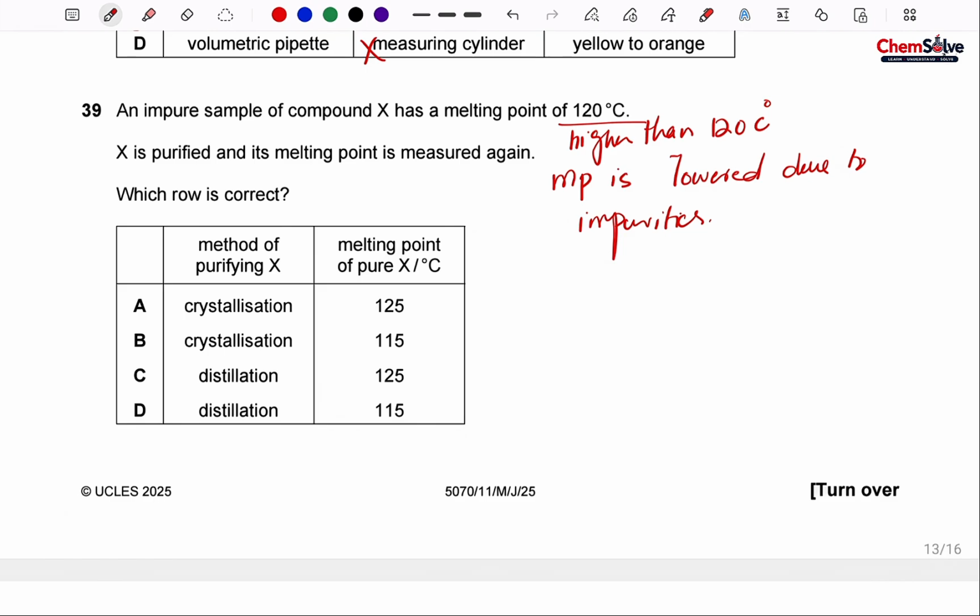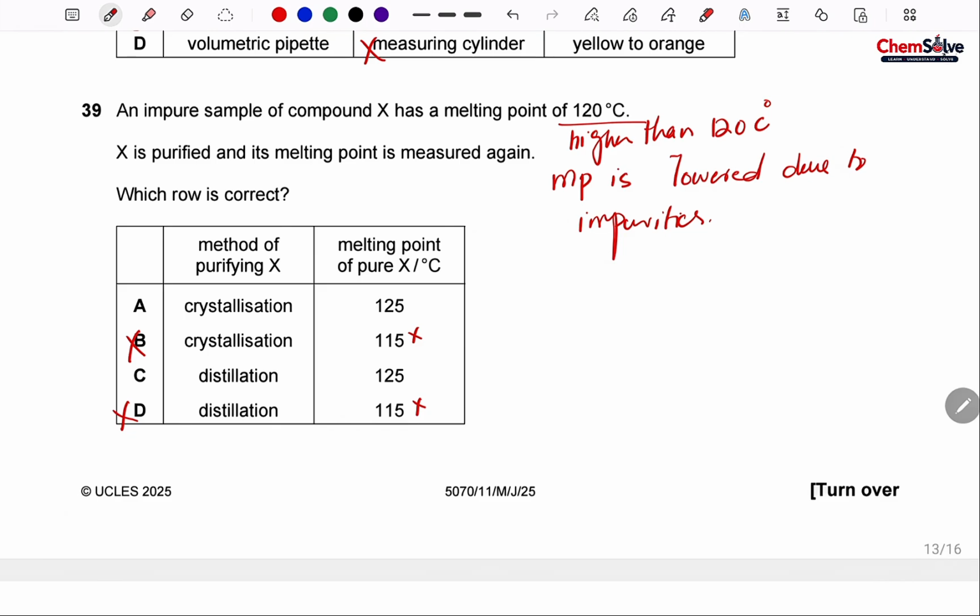So if something has 120 degrees Celsius melting point and it's impure, it means when it would be pure, then the melting point would be more than 120. So keeping this in our mind, of course B and D wouldn't be the correct one. So we have to compete between option A and C, which says 125.